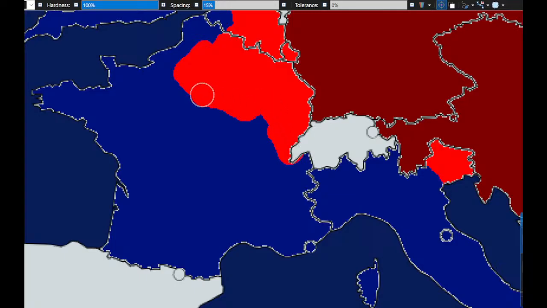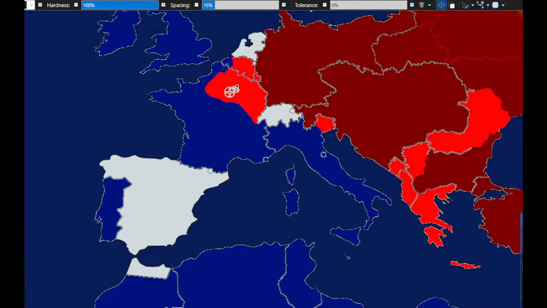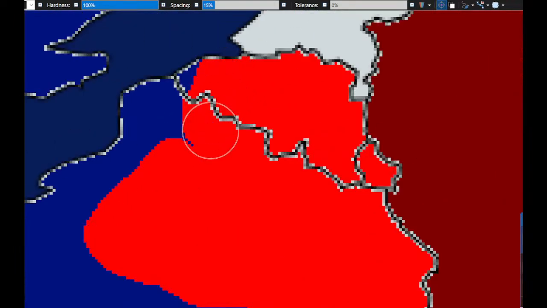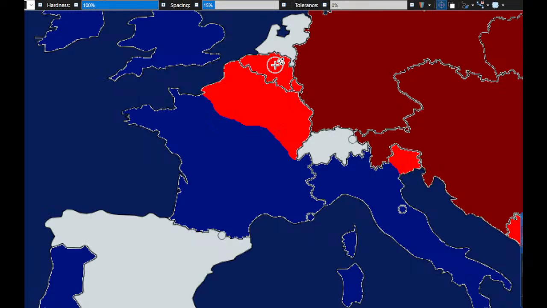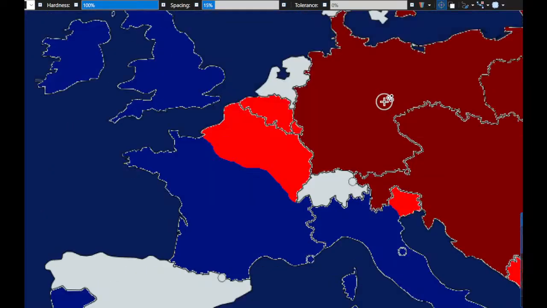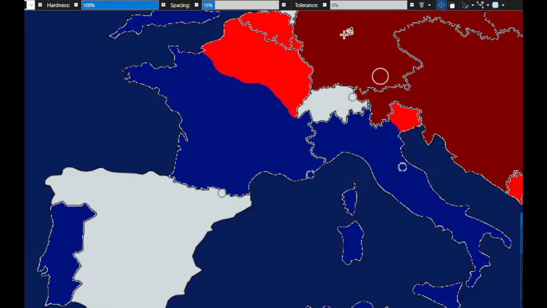So yeah, they literally just took Paris. So France's government collapses. All of Belgium capitulates. So Germany has de facto won the war by this point. But they do have to get rid of the provisional government for good.